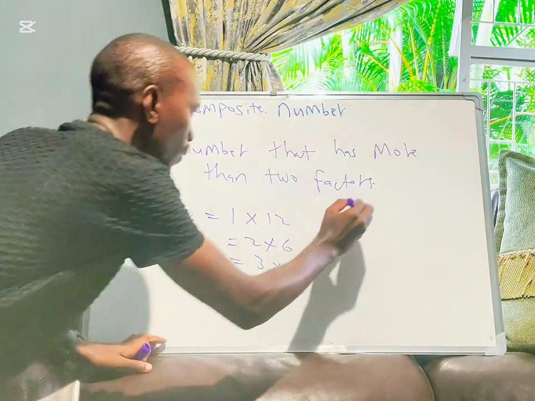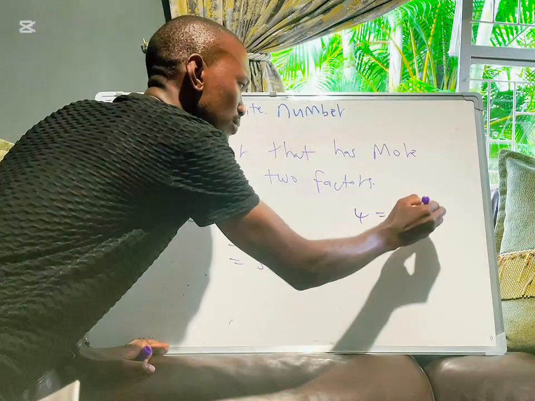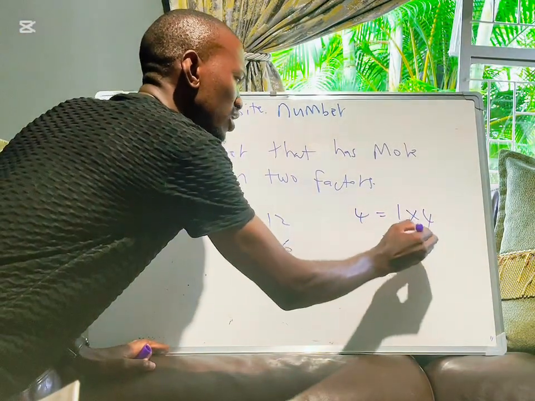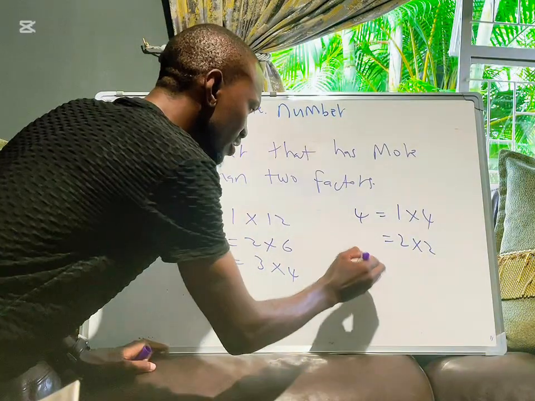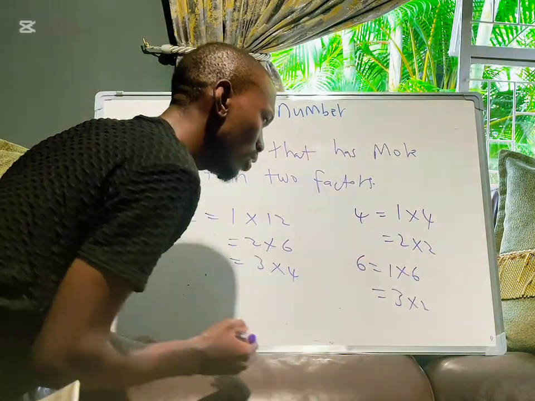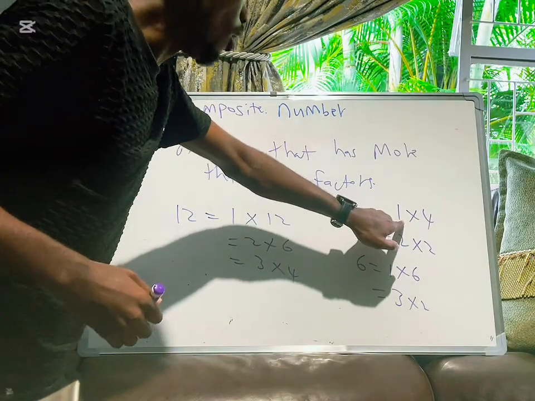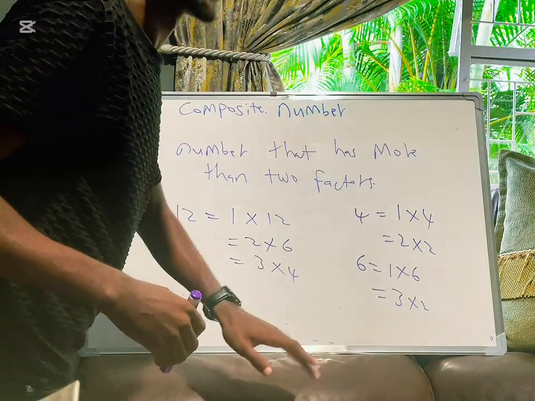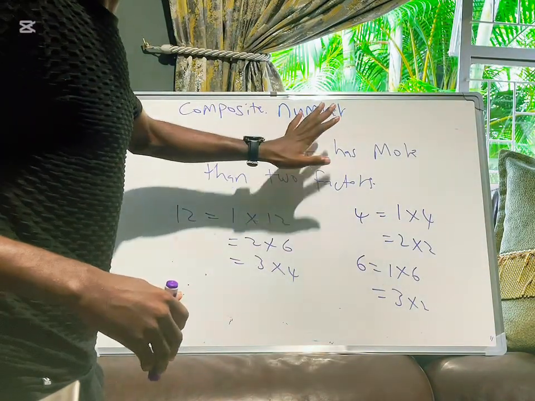Think about 4. It has 1 times 4, 2 times 2. Think about 6: 1 times 6, 3 times 2. As long as it has more than 2 factors, we call it a composite number.